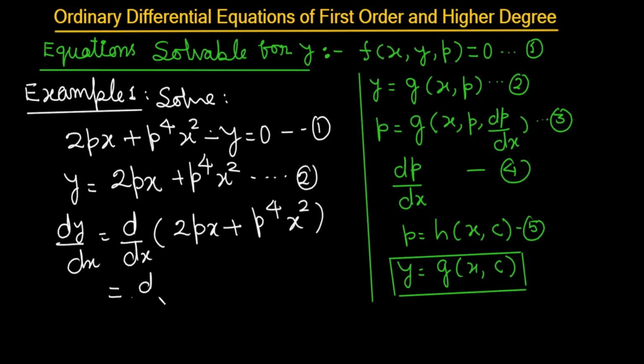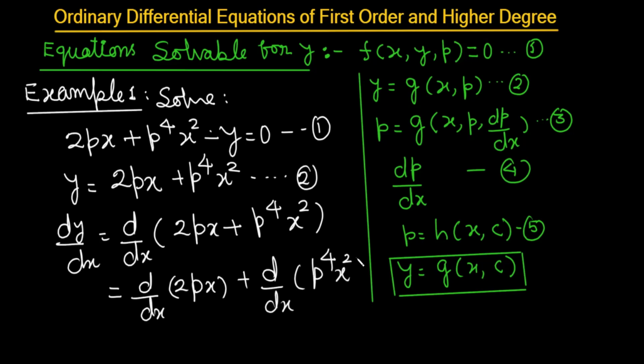Now this can be further solved as derivative of 2px plus derivative of p raised to the power 4 x squared. We will apply the UV rule here. 2 comes outside, p as it is, times derivative of x with respect to x, it will be 1, plus the second function x, and derivative of p with respect to x, it will be dp/dx.